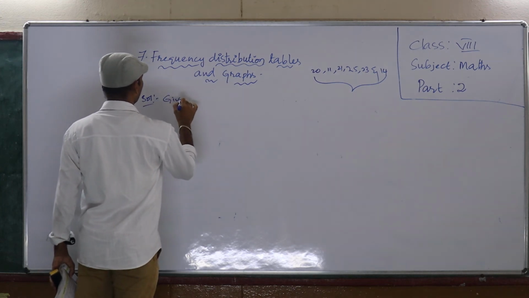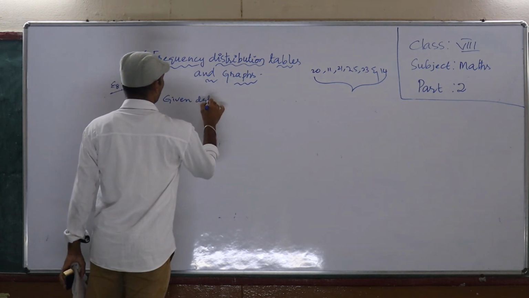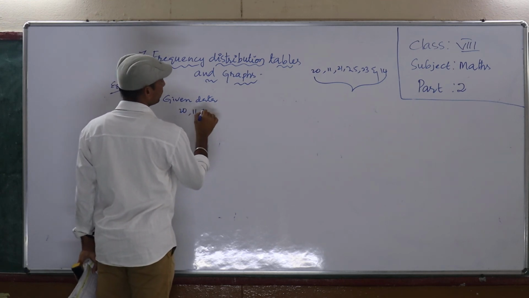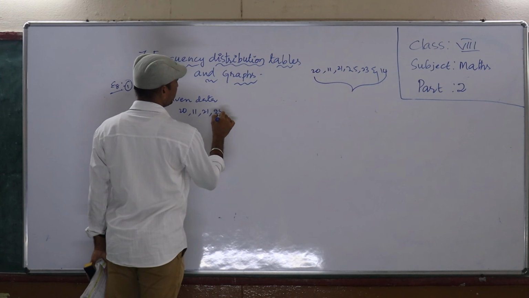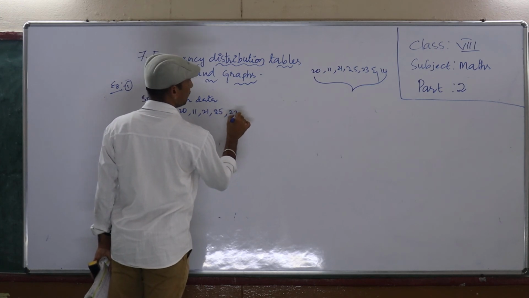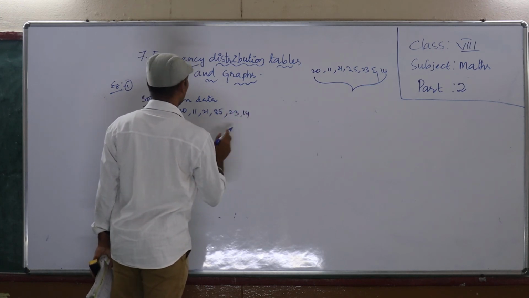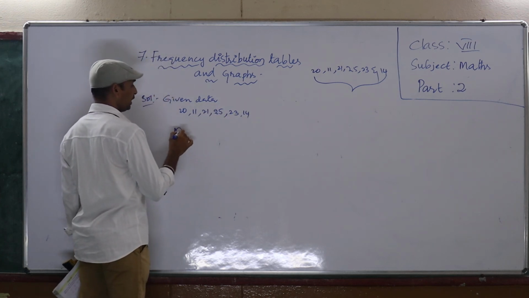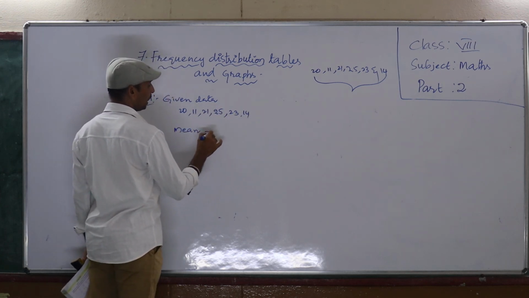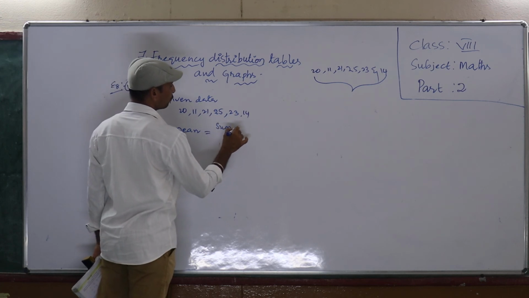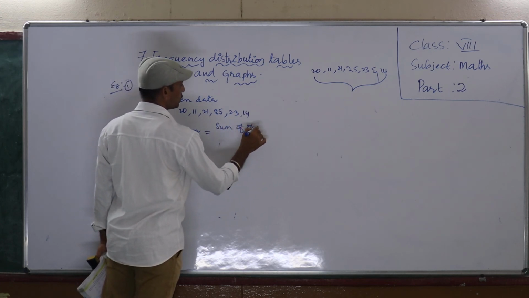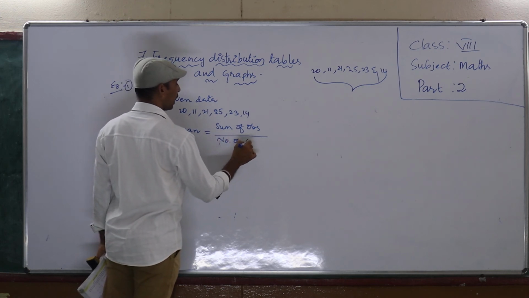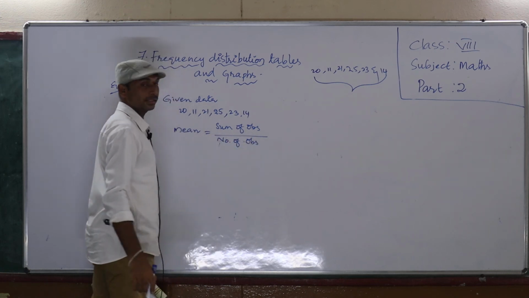Okay children, we'll see. Right, solution, given data. What is given? 20, 11, 21, 25, 23 and 14. How many? 1, 2, 3, 4, 5, 6. Now mean. Formula: sum of observations by number of observations.